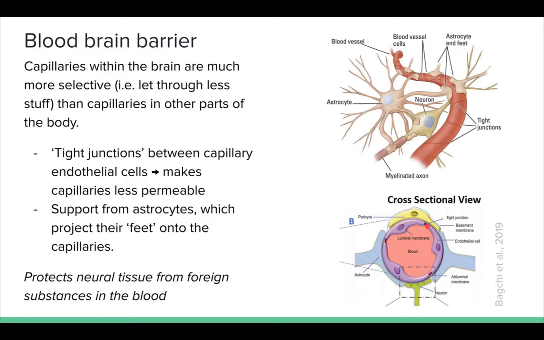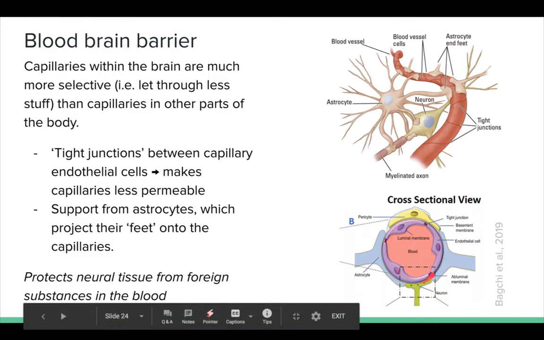And it means that neurons and neural tissue are going to be less accessible by things like antibiotics and drugs, but also less accessible by poisons and other harmful chemicals. This is illustrated here, two ways of illustrating this. I actually like this one here a little bit better.